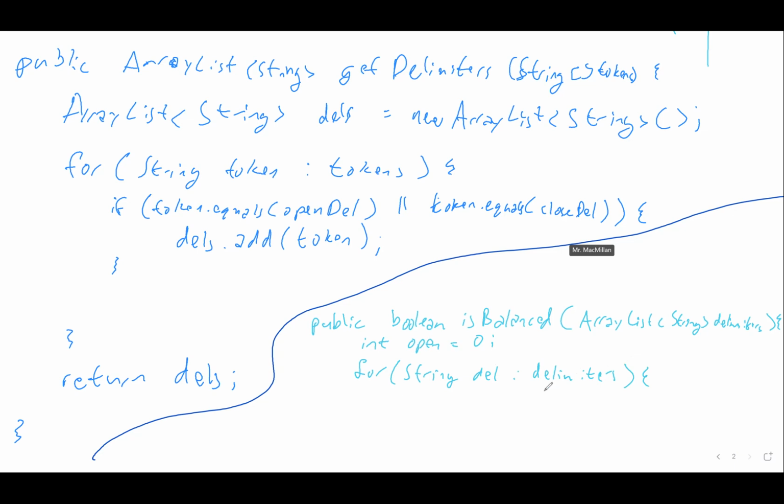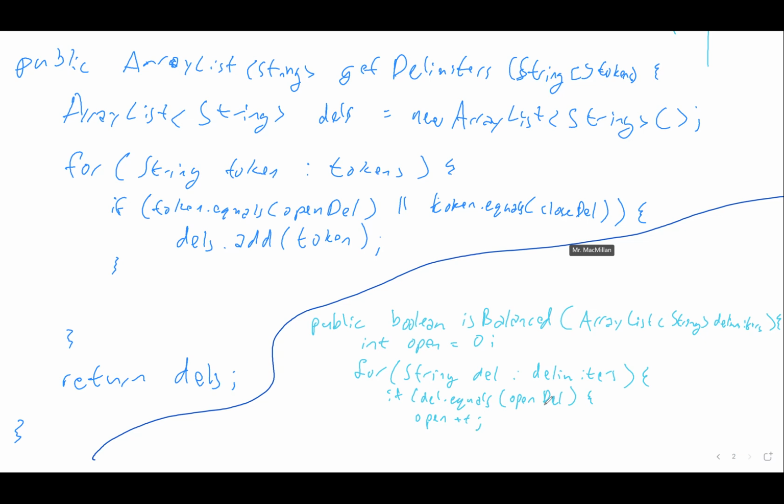We're going to check if it's an open or closed delimiter. So if del dot equals open, del plus plus, and then if it's closed, then we can say open plus plus.